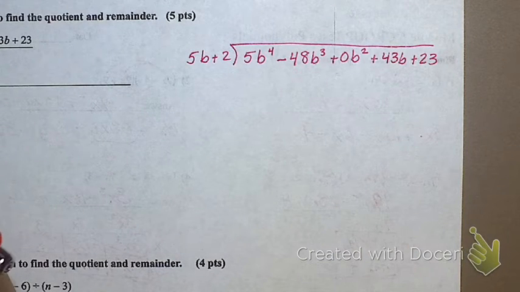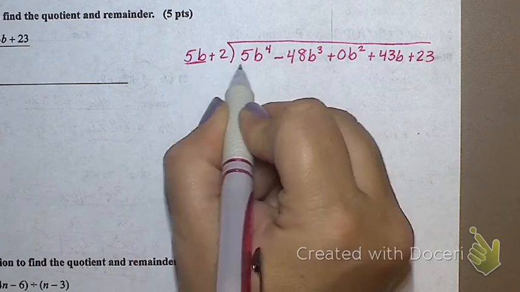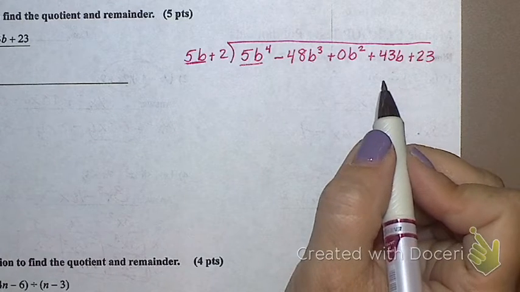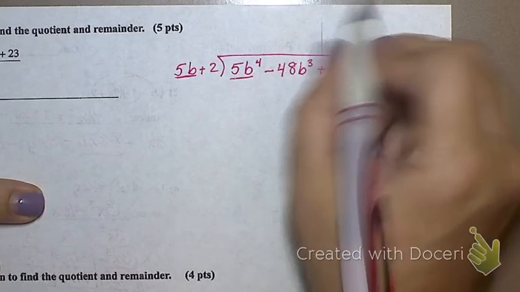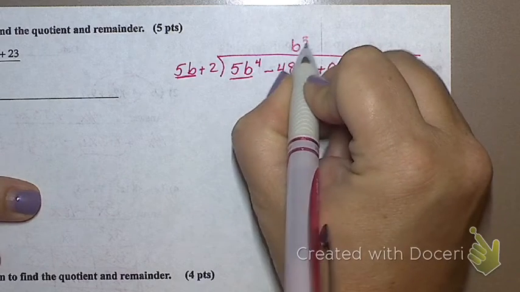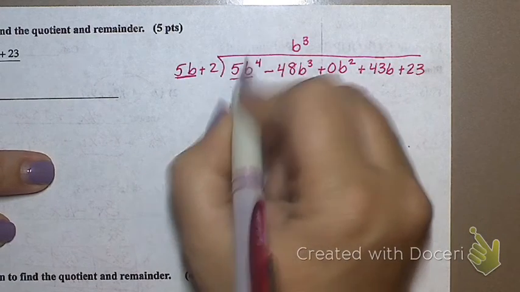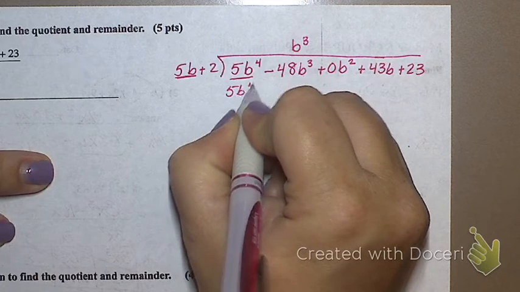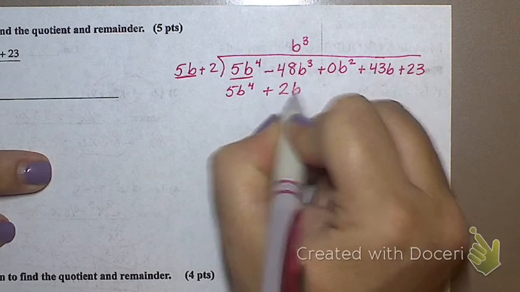So far, so good? All right. 5b times what gives me 5b to the 4th? B to the 3rd. Then I take the b to the 3rd and I distribute it. B to the 3rd times 5b is 5b to the 4th. And b to the 3rd times 2 is 2b to the 3rd.